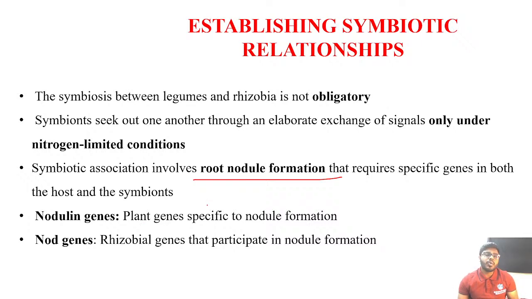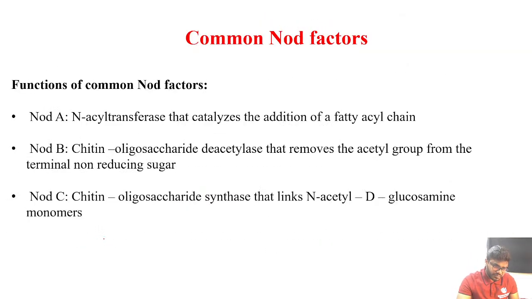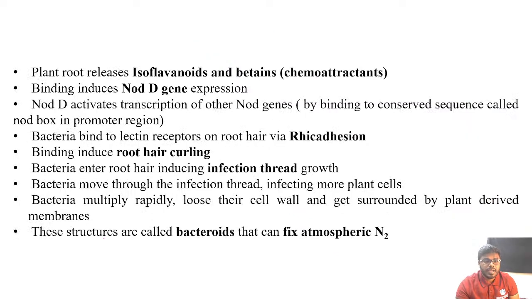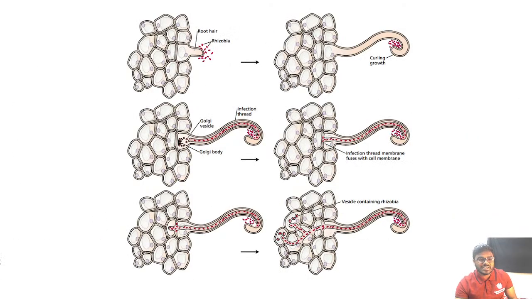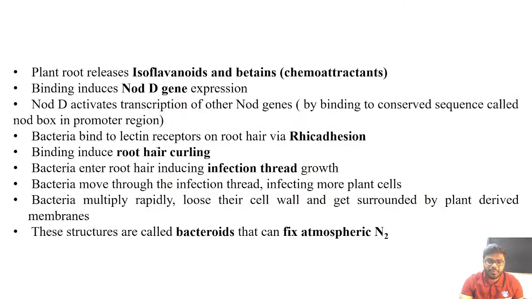The common point is that both nodulin genes and nod genes are involved in root nodule formation. But nodulin genes are exclusively present in the plant, and nod genes or nod factors are exclusively present in the bacteria. That also we finished.